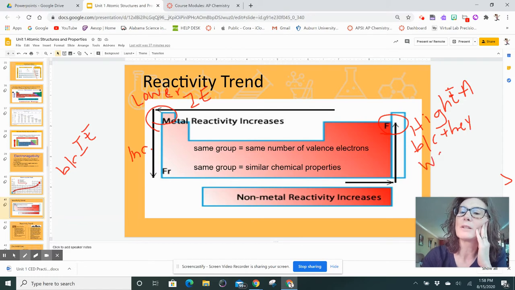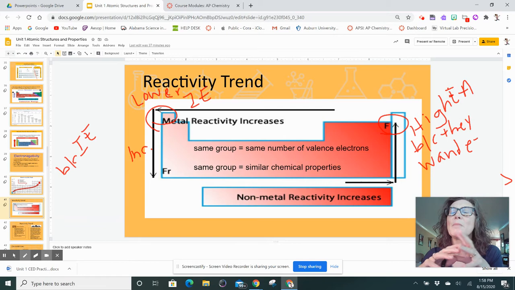Electron affinity means how badly does it want an electron? Fluorine wants an electron very, very badly. It has 7 electrons. If it had one more, it would have a full shell. So it's going to do anything it needs to do to gain that one more electron. So we say it has a very high electron affinity and therefore a high reactivity.